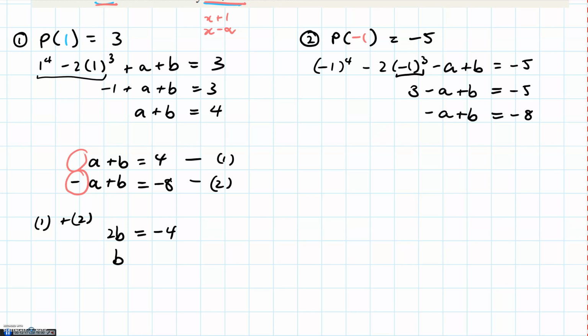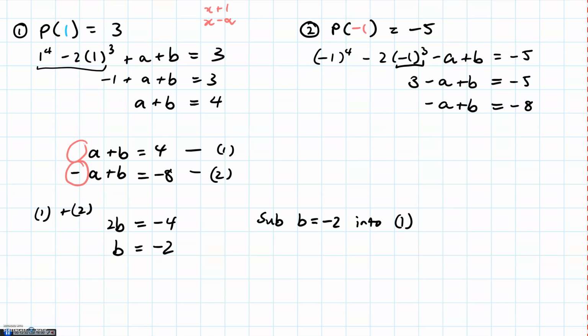Okay, now that I've done that, I divide by 2, so I've got b is equal to negative 2. Then I'm going to substitute this back into equation 1. So sub b is equal to negative 2 into 1. And so I've got a minus 2 is equal to 4. So therefore, a is equal to 6.